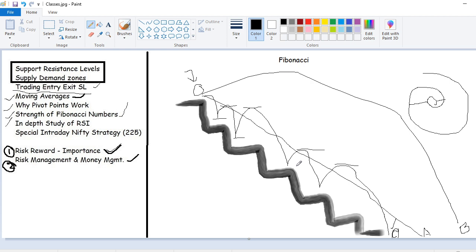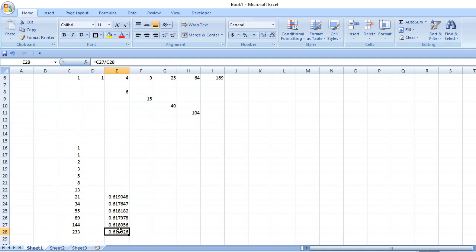These are called retracements. That means it is falling and retracing to some level. So what are those levels? Either it retraces to 0.618 or the next level. So here I divided 144 by 233. Now I will go to the next step, 89 by 233.